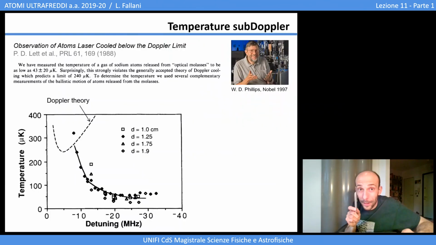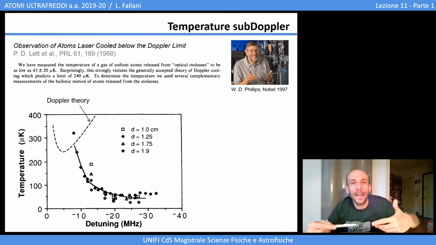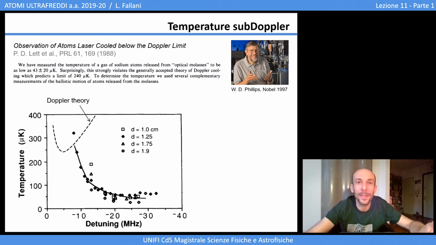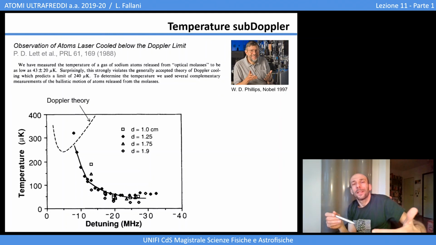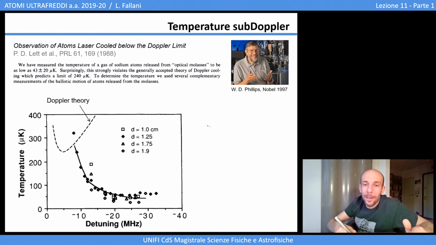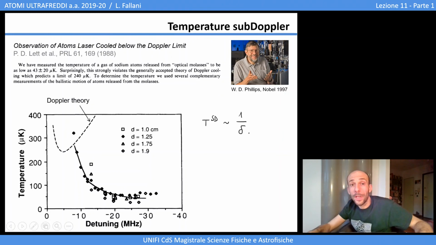And if you look at the experimental points, you see very clearly that things get better when the detuning is made bigger. So you can get a lower and lower temperature as the detuning is increased. And this, at least at a qualitative level, is in agreement with our prediction that the subdoppler temperature is decreasing as 1 over δ.